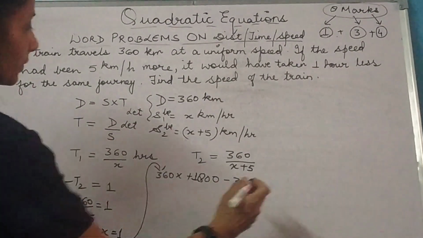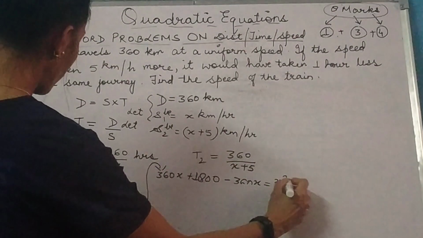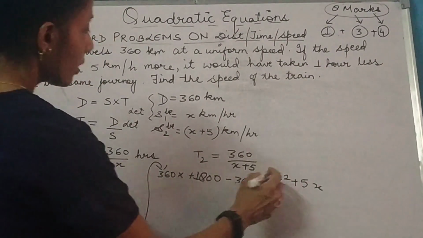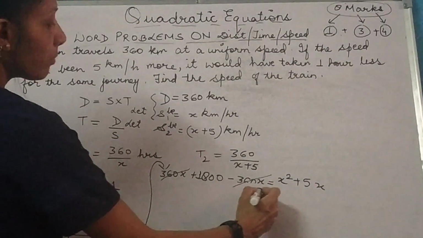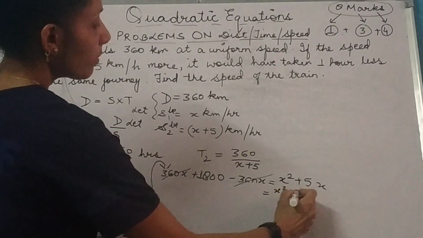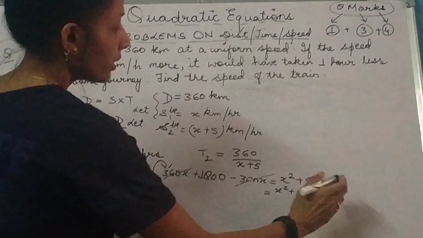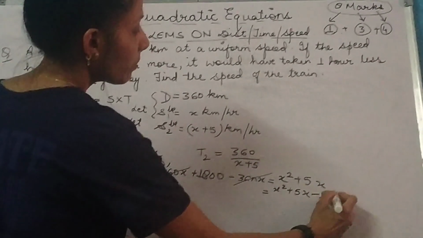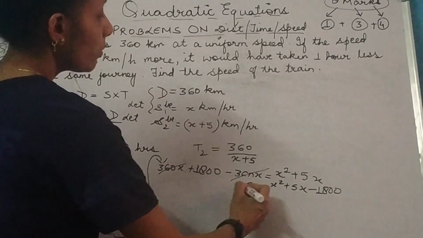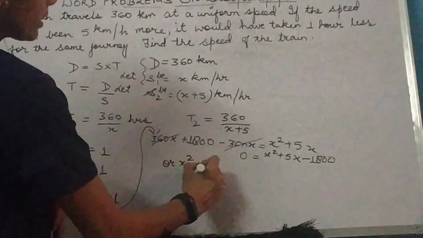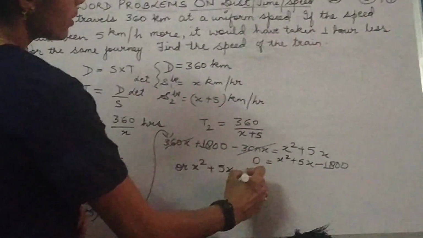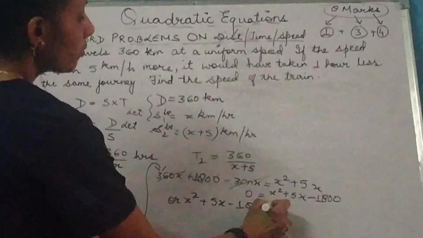This will be equal to x square plus 5x. So minus 360x and plus 360x gone. So here I am left with x square plus 5x. 1800 coming this side will give me minus 1800 equal to 0. Or simply I can write my equation as x square plus 5x minus 1800 equal to 0.